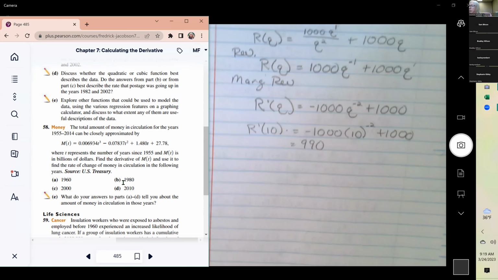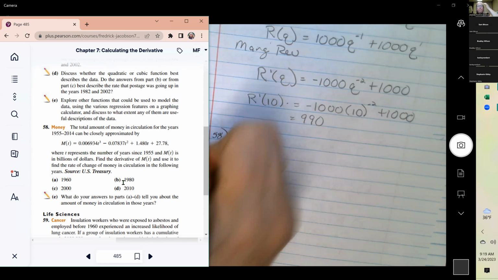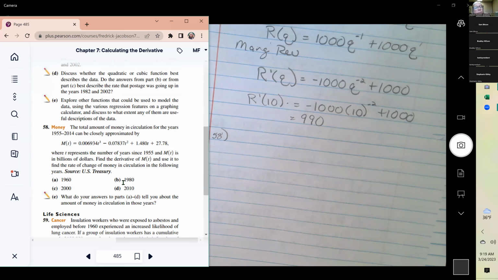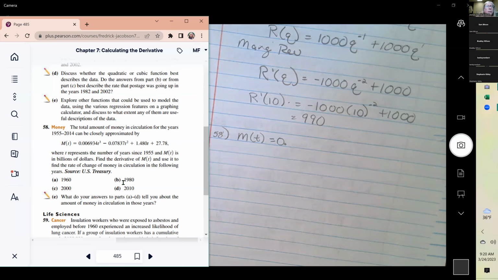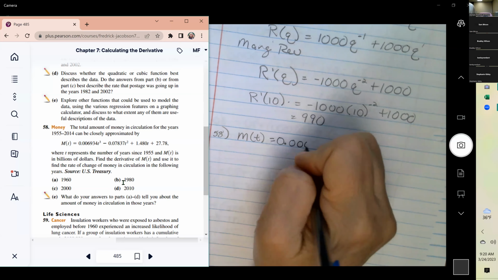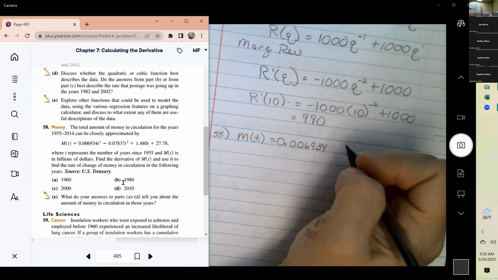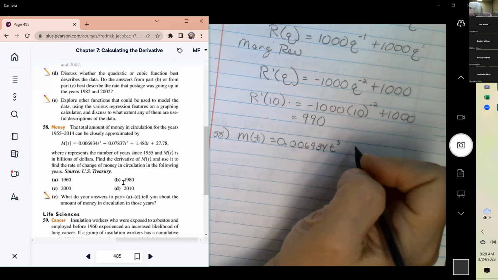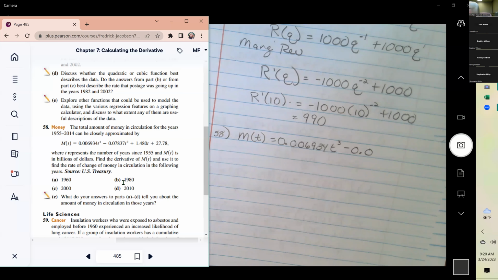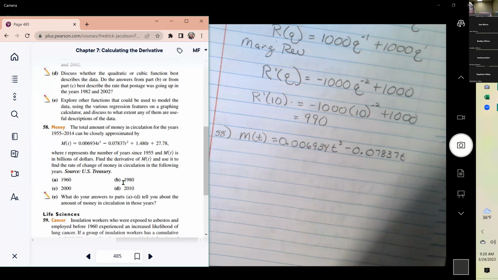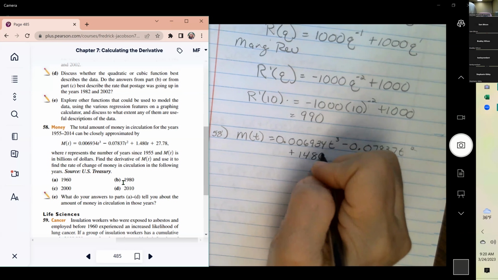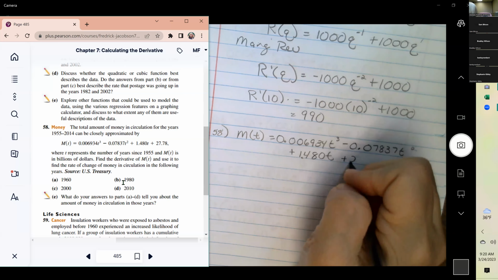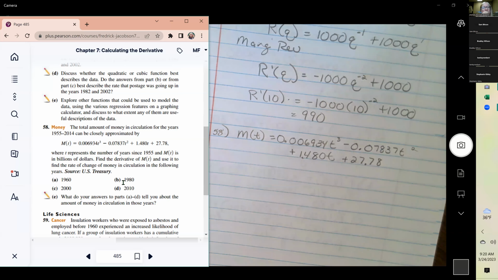Let's try one more. Number 58. The total amount of money in circulation for the years from 1955 to 2014 can be closely approximated by M of T equals 0.006 T squared, and so on.